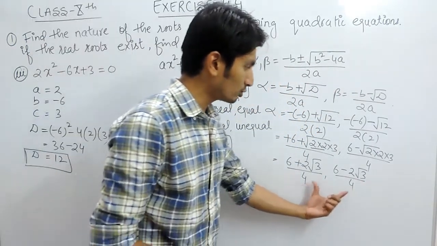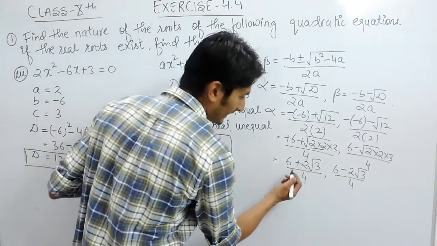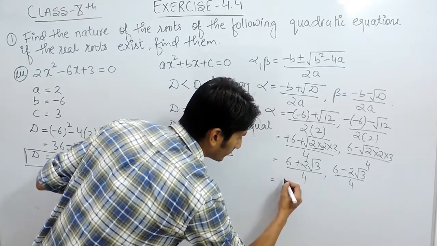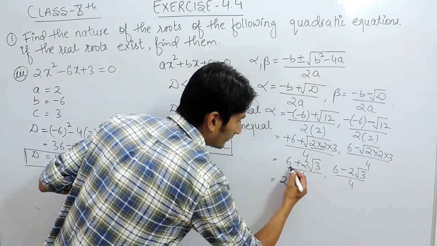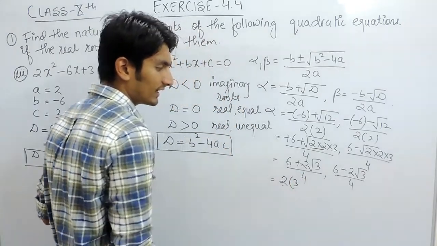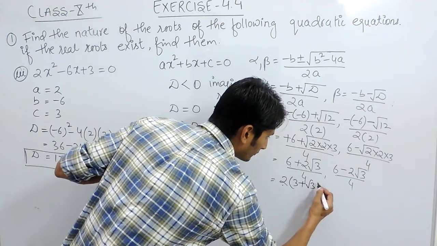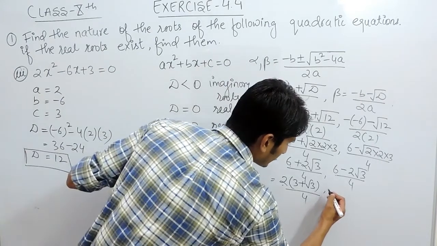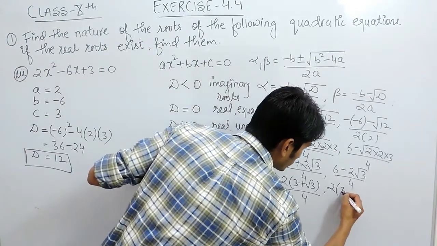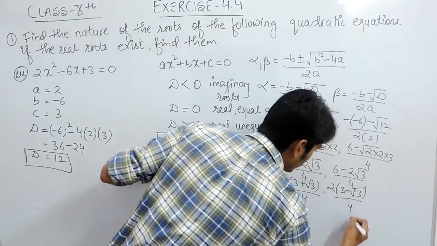Now we have these two distinct roots, and further solving it we can take 2 common from the numerator. From 6, if the factor 2 is taken out, only 3 will remain inside the bracket, and from the other term if 2 is taken out, only root 3 will remain inside the bracket, whole upon 4.